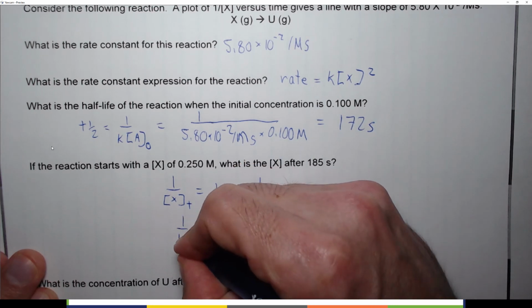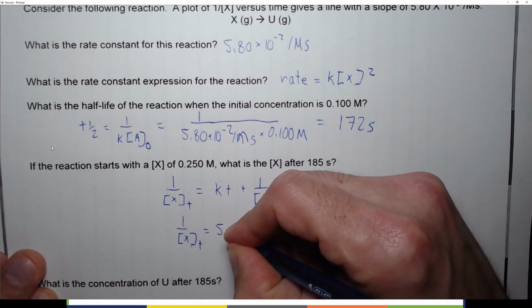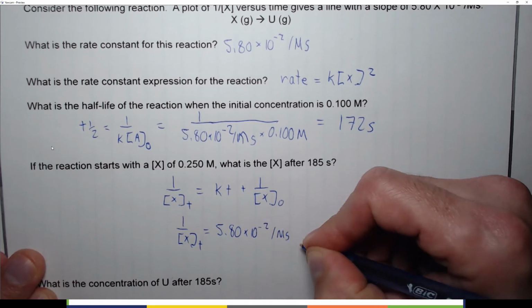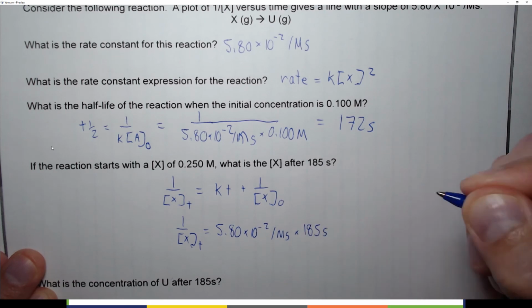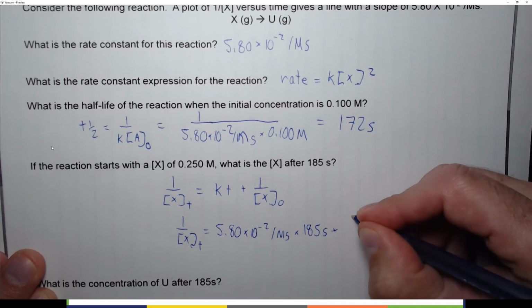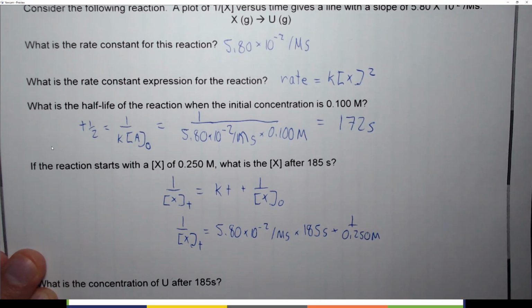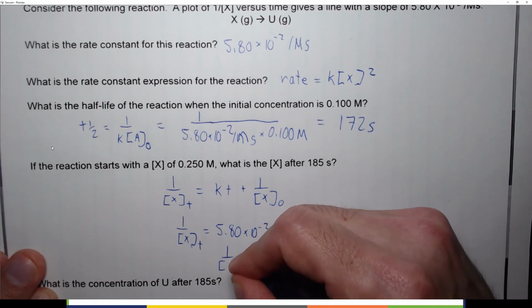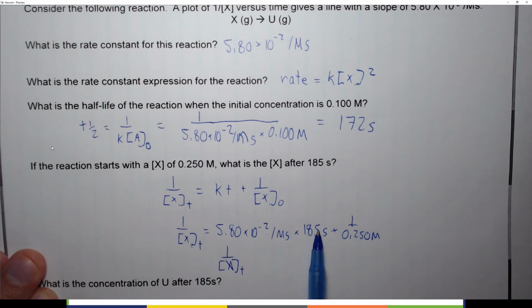So 1 over the concentration of X at some time equals k, 5.8 times 10 to the minus 2 per molar second, times t, which is 185 seconds, plus 1 over the initial concentration, 0.250 molar. I'm just going to clean up all these numbers, multiply these two together, and then add this one in.